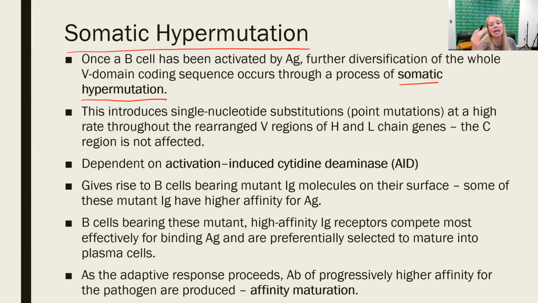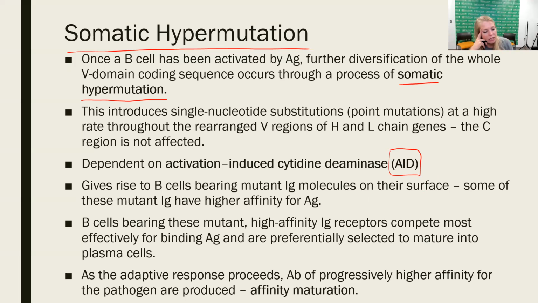It's a lot of slight changes in the variable region of both the heavy and the light chains. The constant region is not affected at this point. And this is dependent on another special enzyme that's only turned on in B cells that have been activated, and that is AID, activation-induced cytidine deaminase.